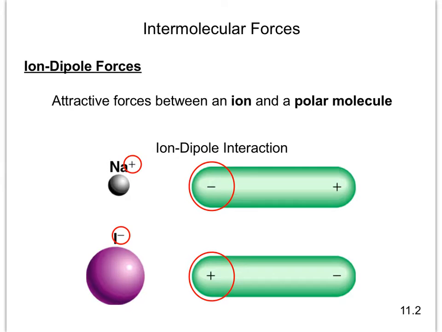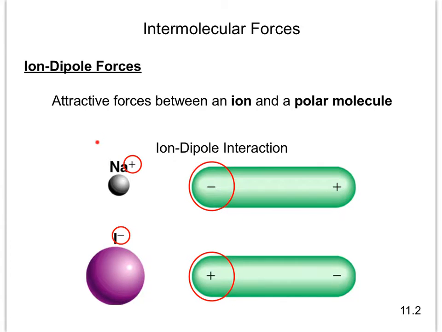So the strongest type of intermolecular force is an ion-dipole force. We don't talk about this one a ton. I just want to mention it so you've seen it. This is an attraction between an ion, which has a full charge, and a polar molecule, which has a partial charge.